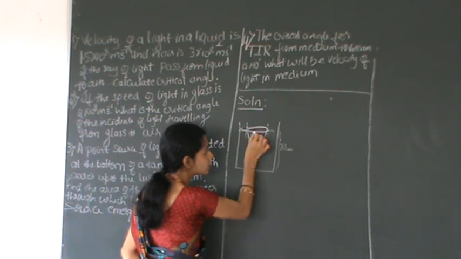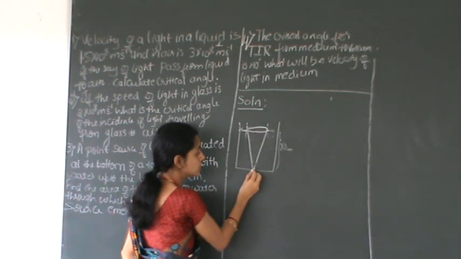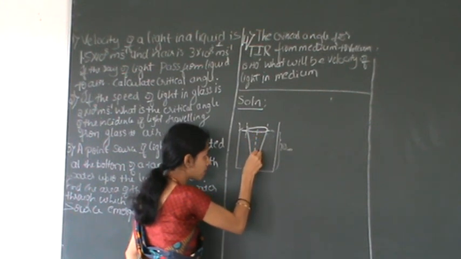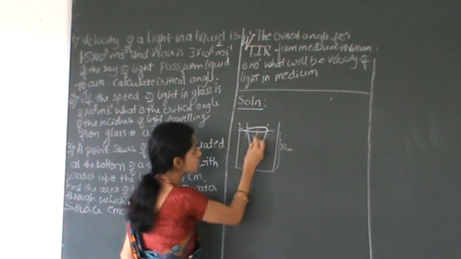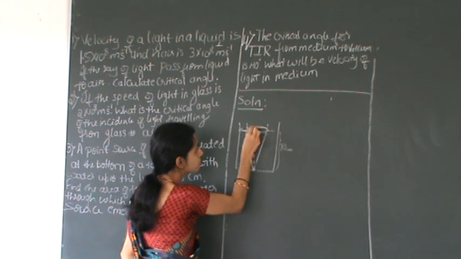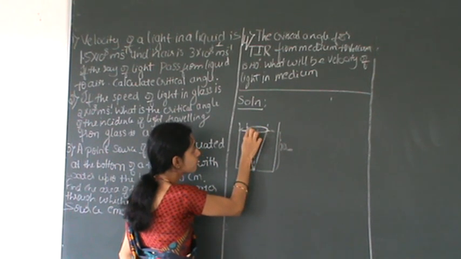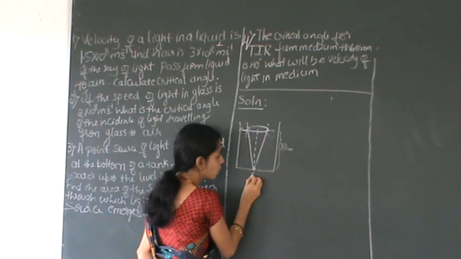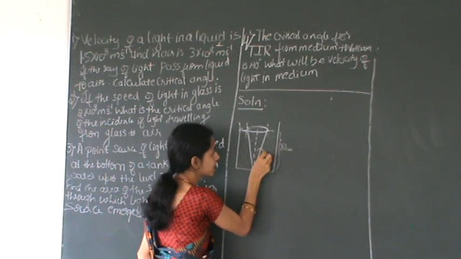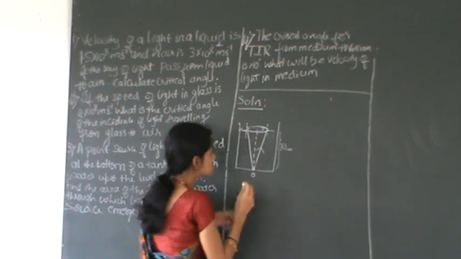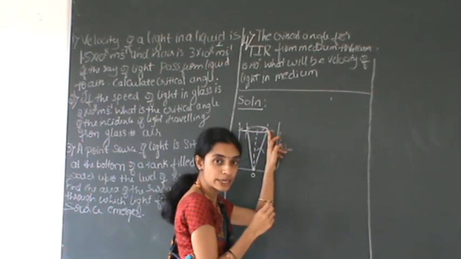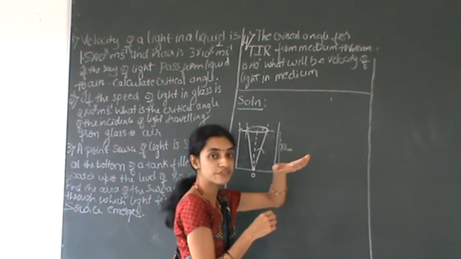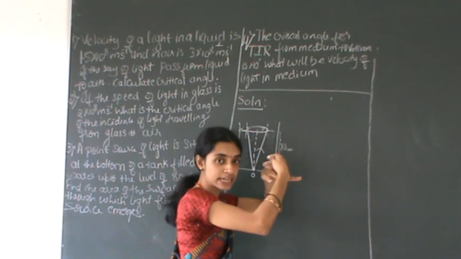It is the water. You can see the cone structure here. I will draw the exact half, or the normal, to this point. See here, O, P. The ray OP gets incident at the surface of water and air.